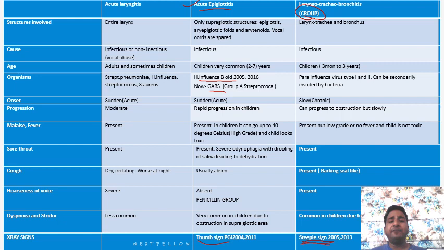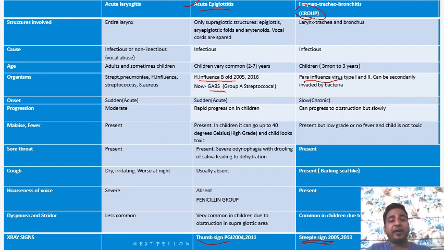And for croup, the most common causative agent is still the parainfluenza virus, type 1 or type 2. So croup is basically a viral disease, and acute epiglottitis is a bacterial disease.